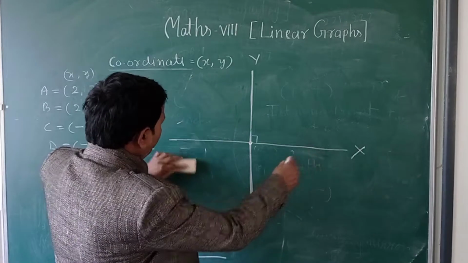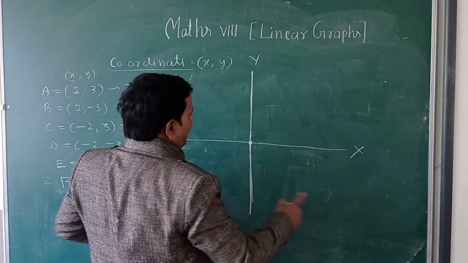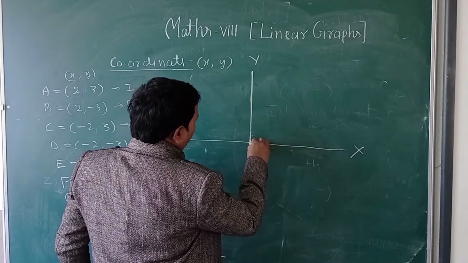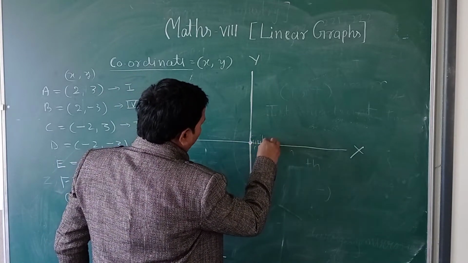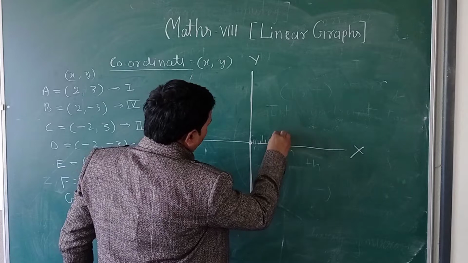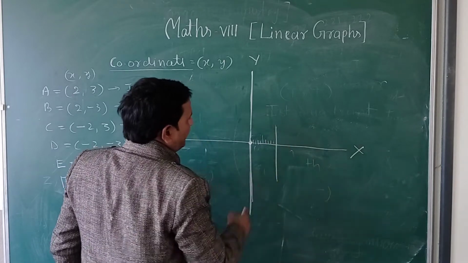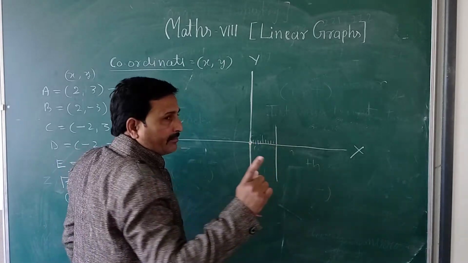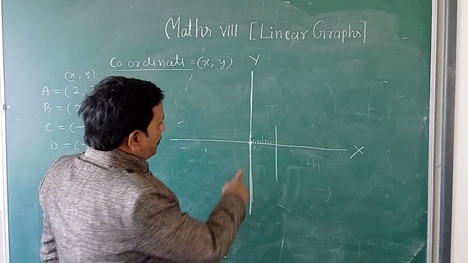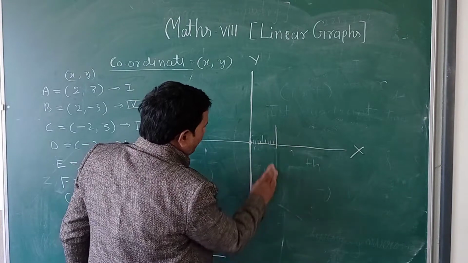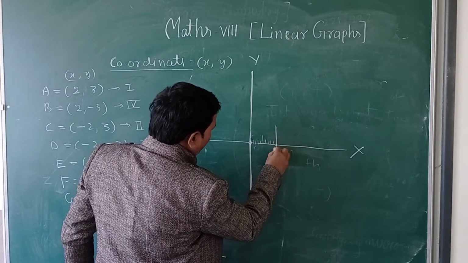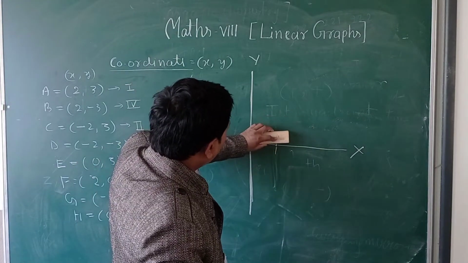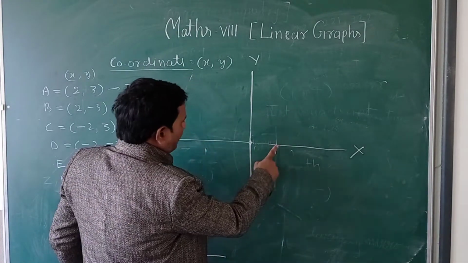See, in your graph copy it is given like this: 1 2 3 4 5, 1 2 3 4 5. This is 1 centimeter, and 1 centimeter is equal to 10 millimeters. So consider the point here as 1. Don't consider the middle one.